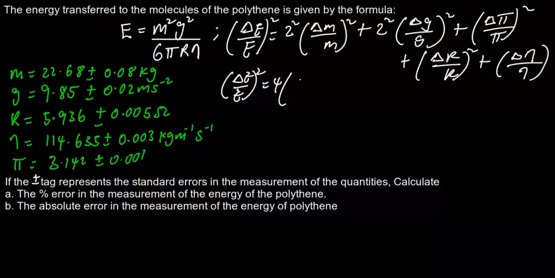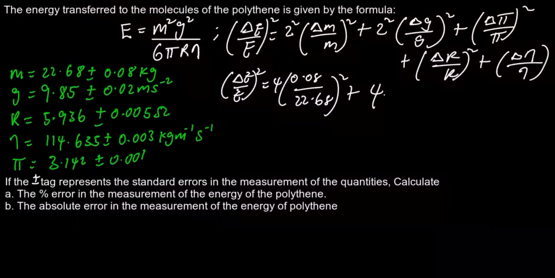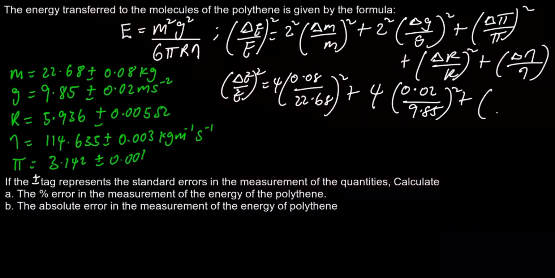So I have 0.08 over 22.68 square plus 4, 0.02 over 9.85 square plus delta pi 0.001 over 3.142 square.